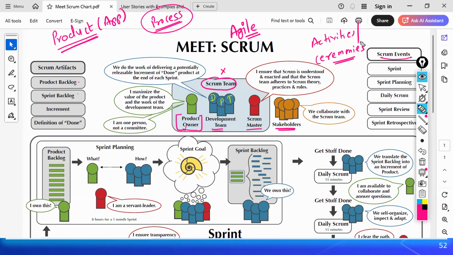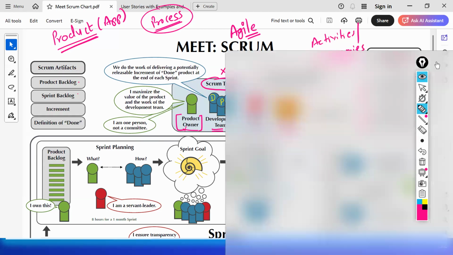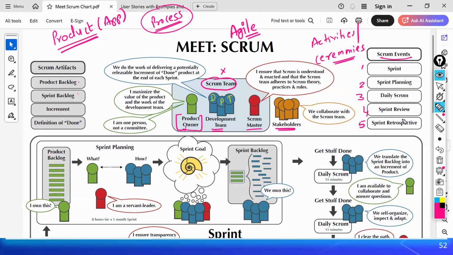So if anyone talks about Scrum events or Scrum activities or Scrum ceremonies, you should know that these are the ones: sprint, sprint planning, daily Scrum, sprint review, and sprint retrospective. These are the activities in a Scrum.